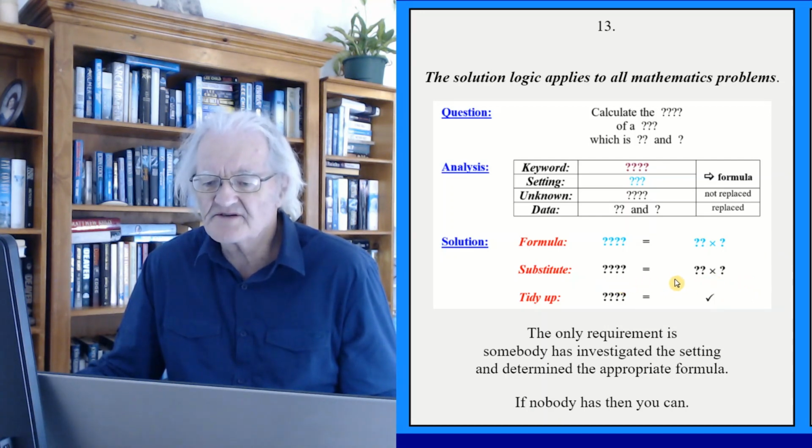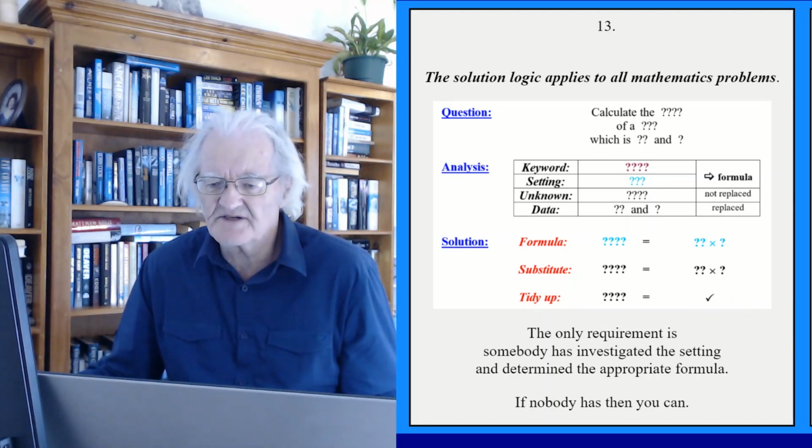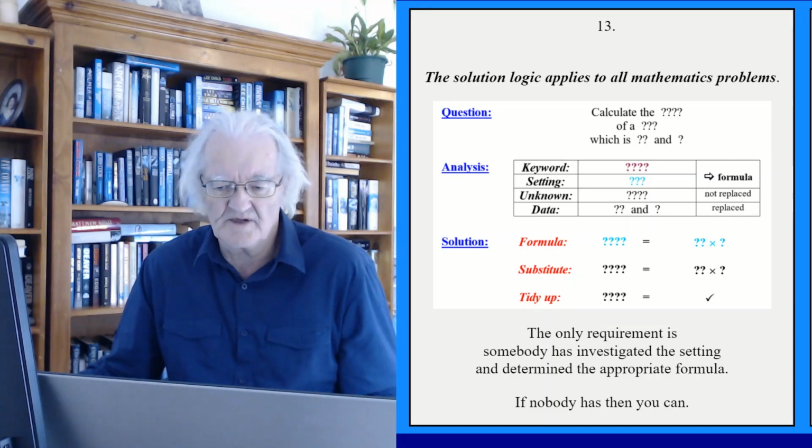One of these will not be replaced. And then we tidy up. This may take 1, 2, or 3 lines. We get a solution. The only requirement is somebody has investigated the setting and determined the appropriate formula. If nobody has done that, then you can do that yourself.